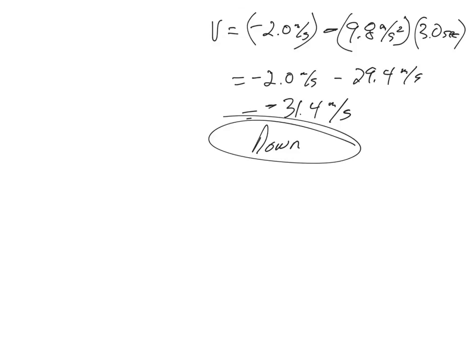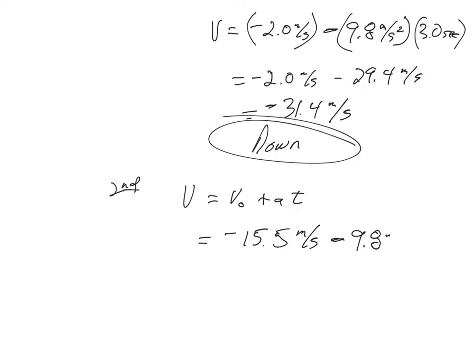The second stone was only in the air for 2 seconds, so I'm going to go v equals v0 plus at. Its initial velocity was negative 15.5 meters per second. We did that for part B. Negative 9.8 meters per second squared, because it's going down and gravity's down. And this one was only in the air for 2 seconds because it was 3 seconds minus 1.